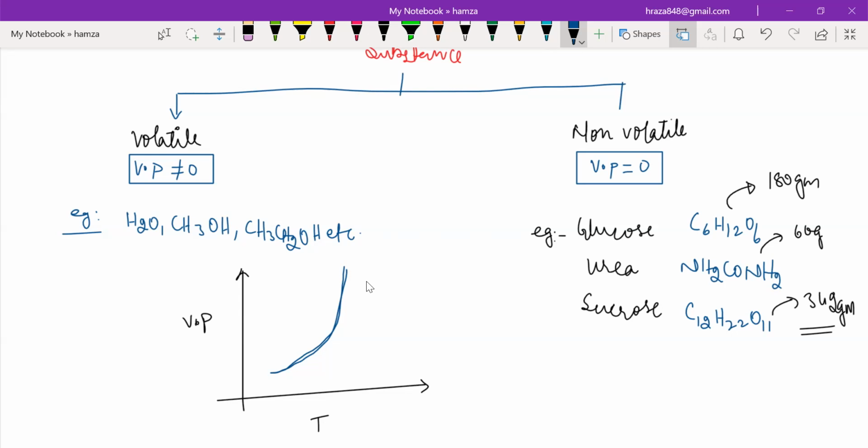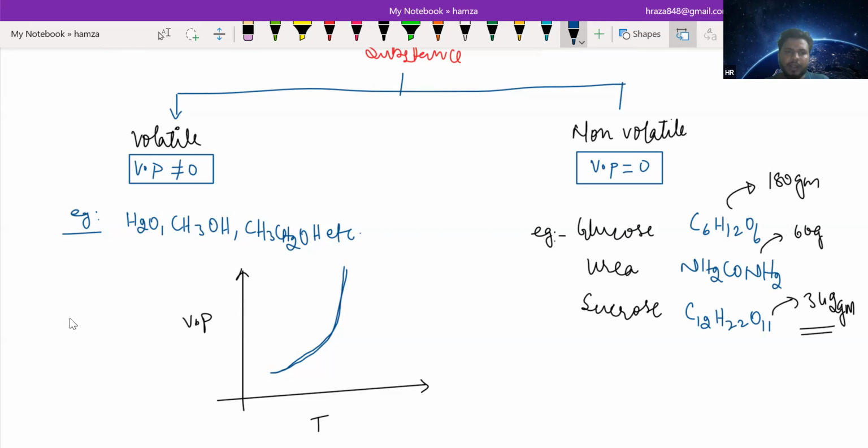Just like if you boil water, you start giving heat, and a time will come when the temperature reaches 100 degrees centigrade, and at 100 degrees centigrade all the water molecules will be converted into vapor, that is water vapor. So please plot the graph and let me know when you are done with this.